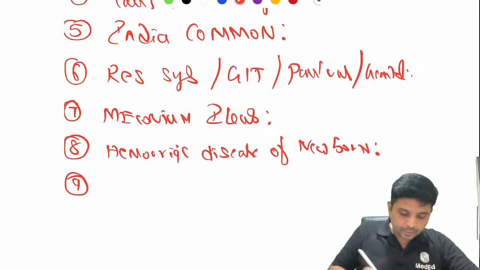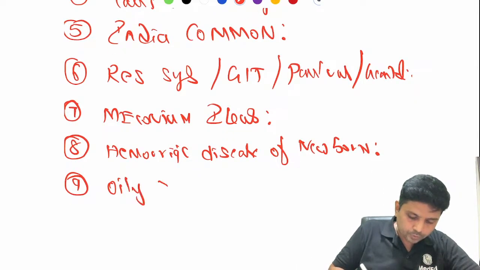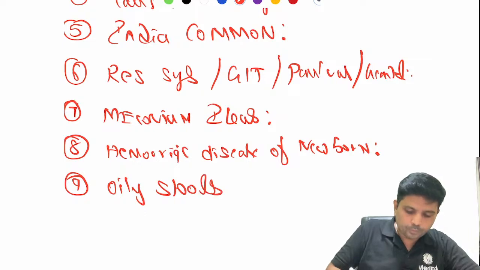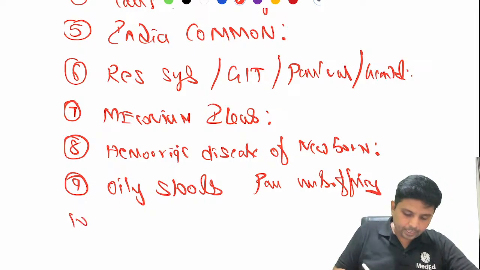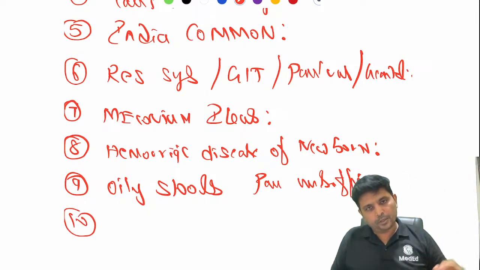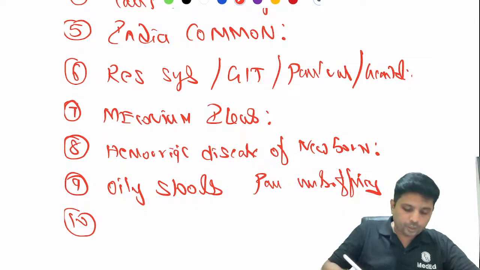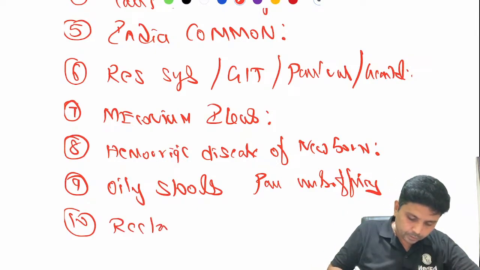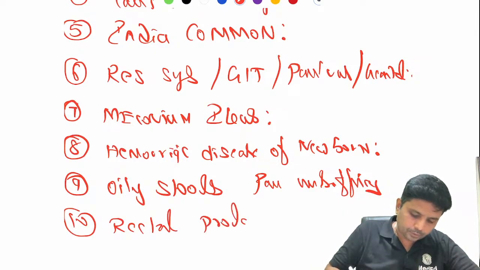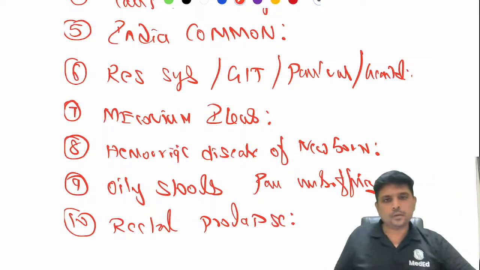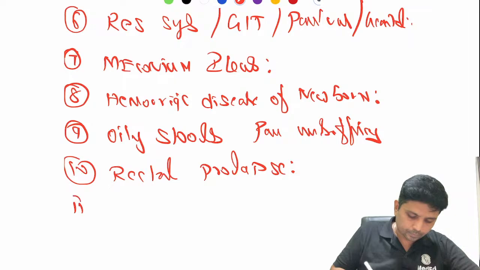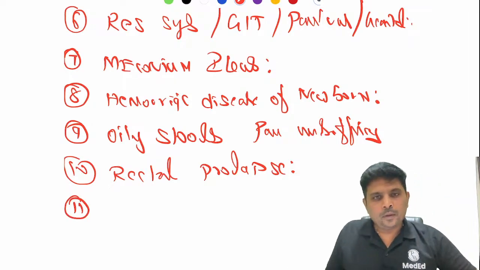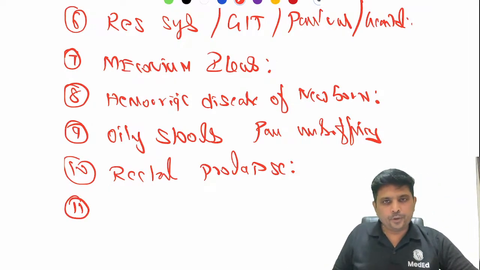Okay, it can present with oily stools due to pancreatic insufficiency. Because of fatty malabsorption and poor support to the rectum, it can lead to rectal prolapse.